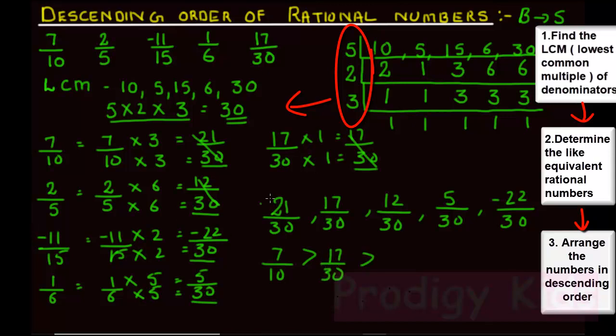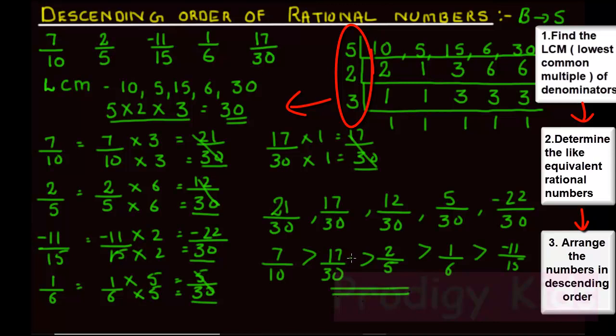Then comes 12 by 30, whose corresponding rational number is 2 by 5, which is greater than the next one, 5 by 30, which is 1 by 6, which is greater than the final one, negative 11 by 15. So now we have arranged all the rational numbers in descending order.